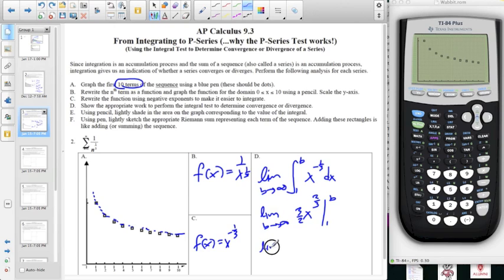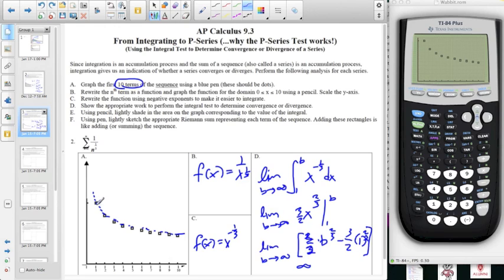When we evaluate that, we get 3/2 times b to the 2/3 power minus 3/2 times 1 to the 2/3 power. 3/2 times b to the 2/3 power as b goes to infinity is just, again, infinity.